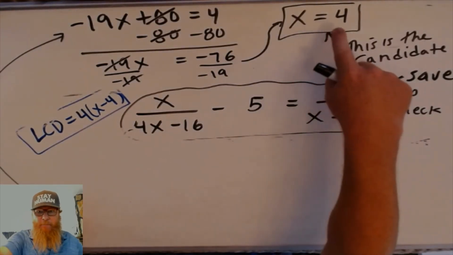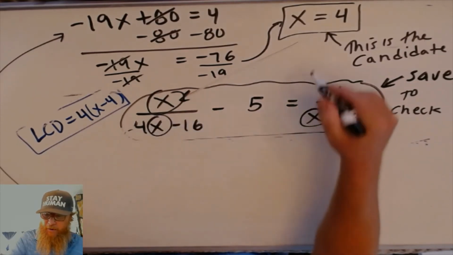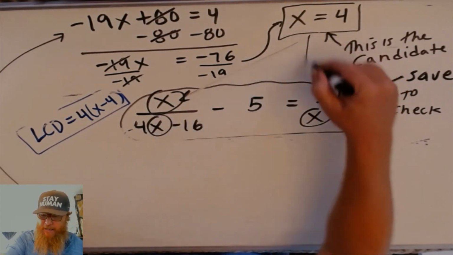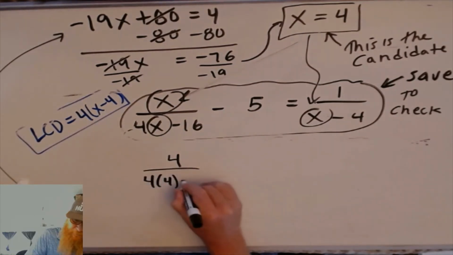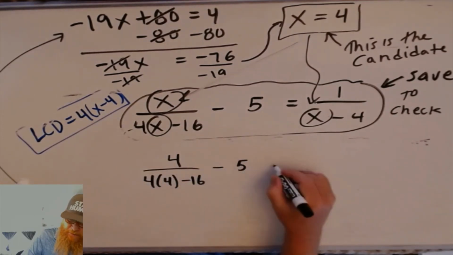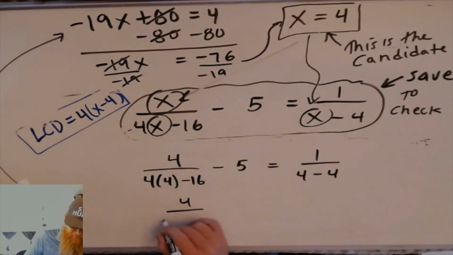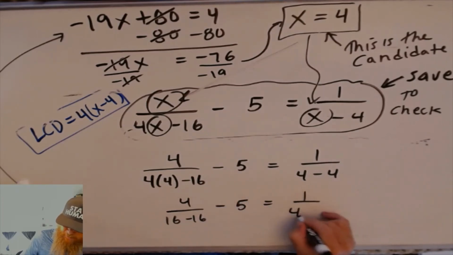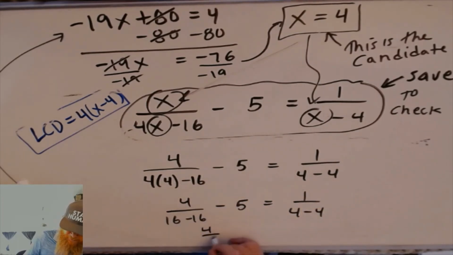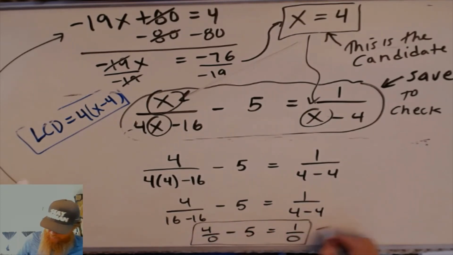So go ahead and plug in 4 all throughout this equation, everywhere you see an x. This is false.